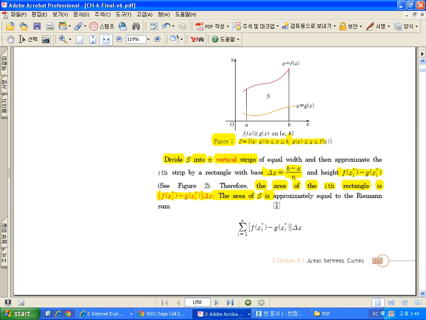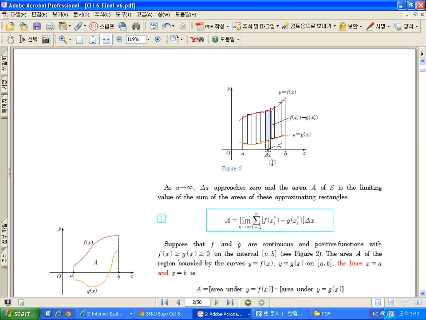Then the area of S is approximated by the Riemann sum, like this, the summation of these areas. What this means is that this area can be found as the summation of these rectangles.